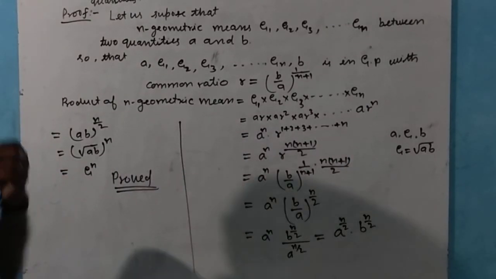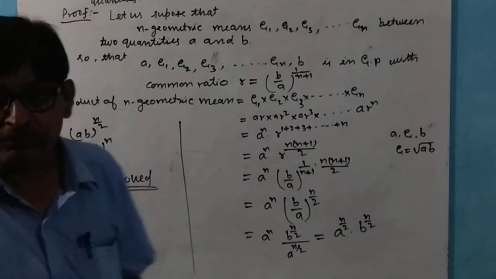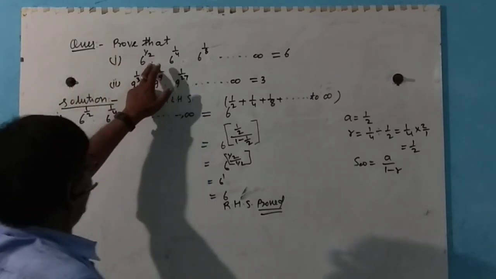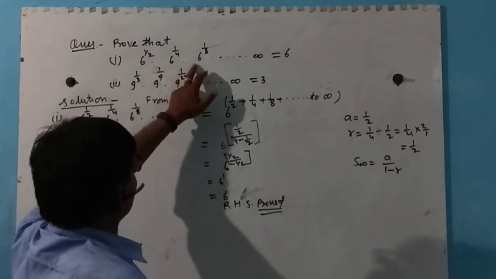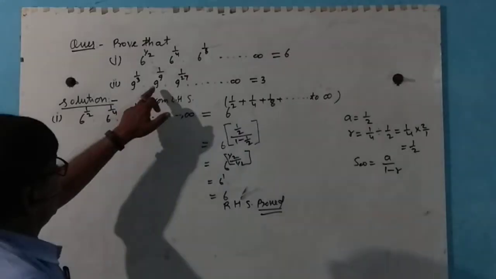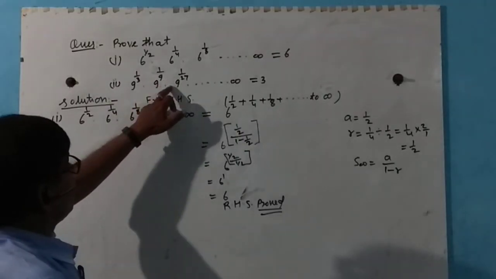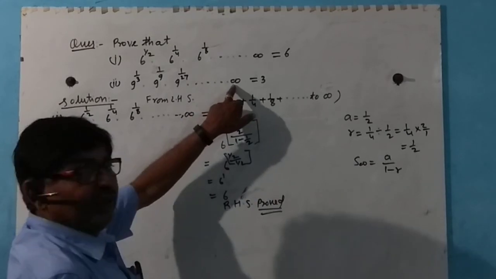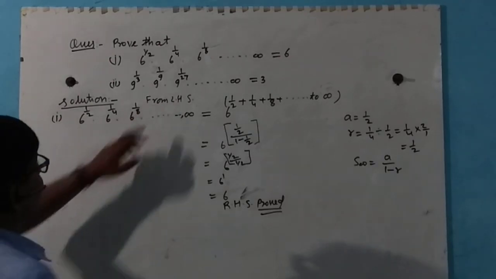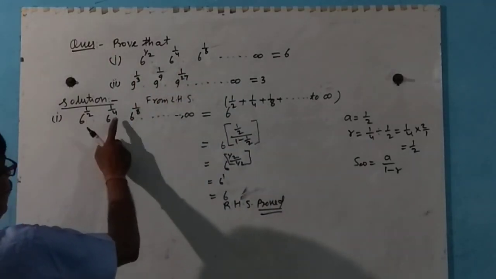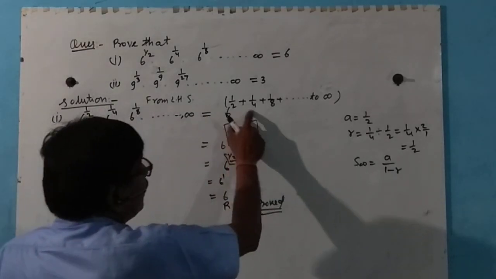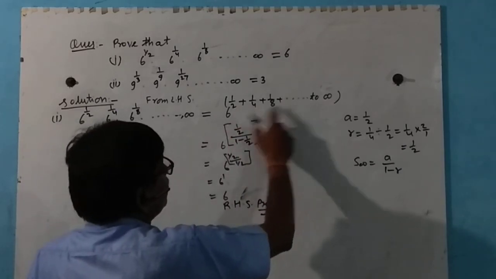Now we take some examples. Prove that 6 to the power 1/2 into 6 to the power 1/4 into 6 to the power 1/8 ... to n terms is equal to 6, and 9 to the power 1/3, 9 to the power 1/9, 9 to the power 1/27 ... to infinity terms equals 3. For the first question, from the left-hand side we take 1/2, 1/4, 1/8. The base is the same, so the powers come in a summation.